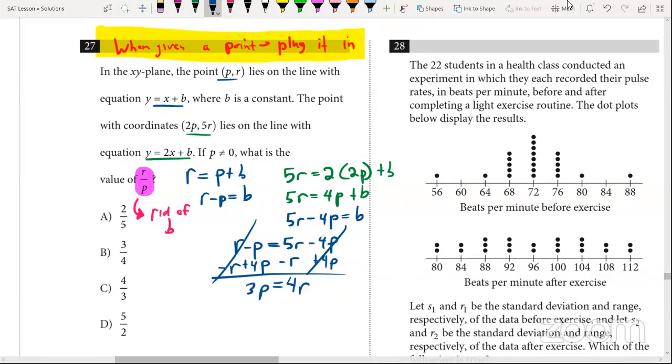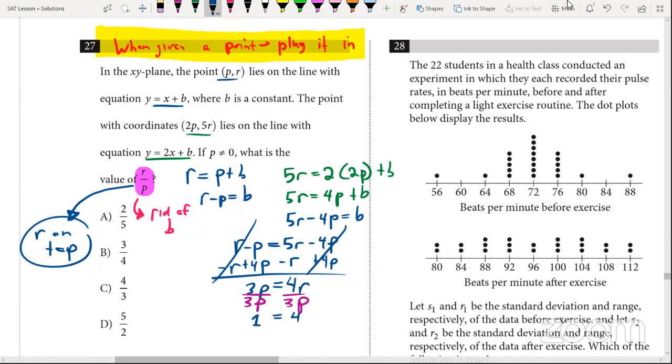So we basically took all the P's and put them on one side, took all the R's and put them on the other side. And what we want is R over P. So one way to describe R over P is that it has R on the top and P on the bottom. So one thing we can do to simplify this is to get R on the top. I'm going to divide by 3P on both sides. So 3P divided by 3P is the number 1.